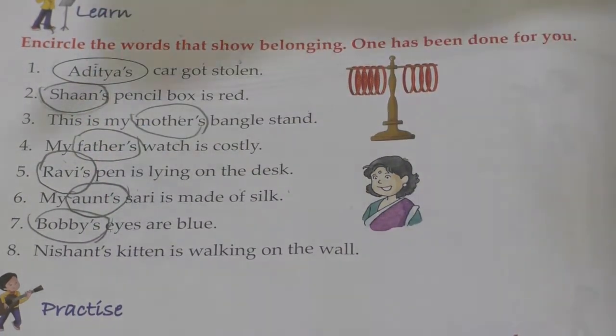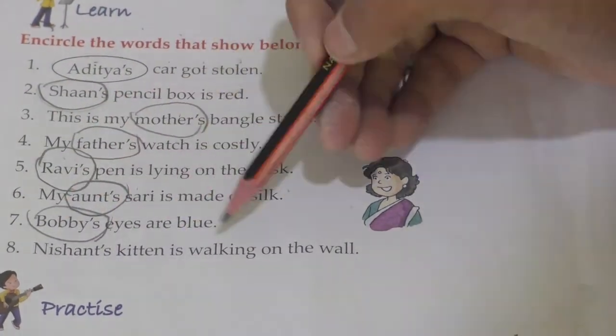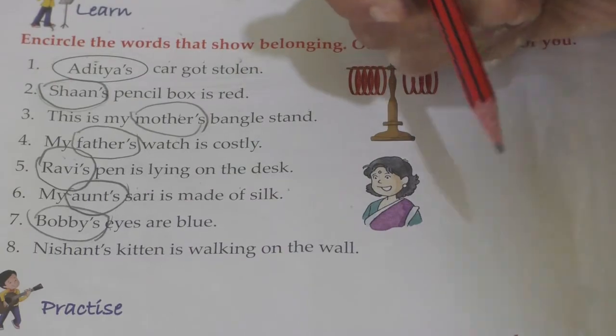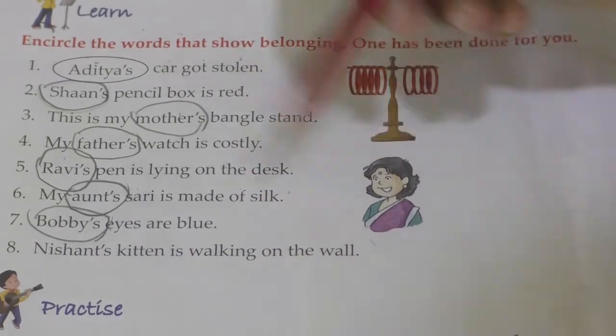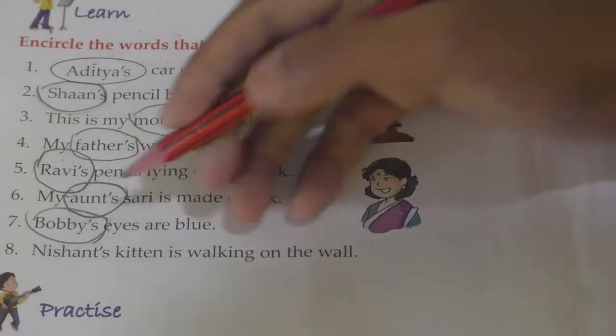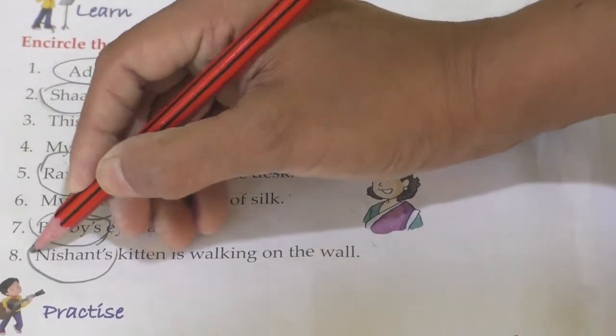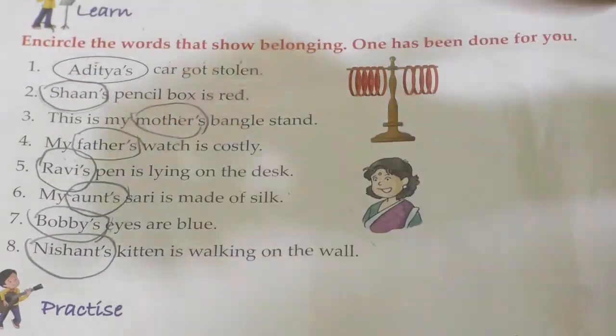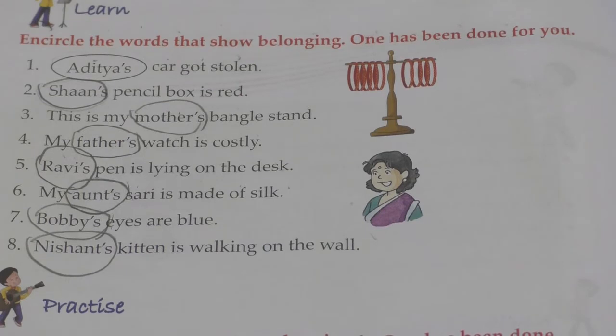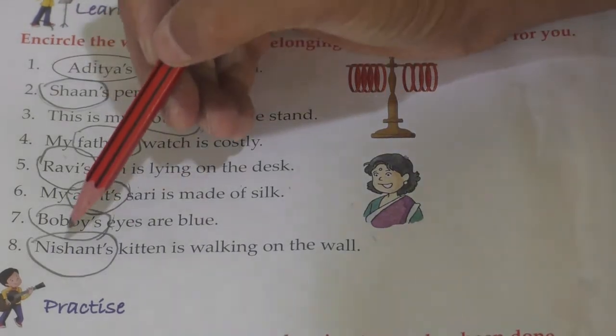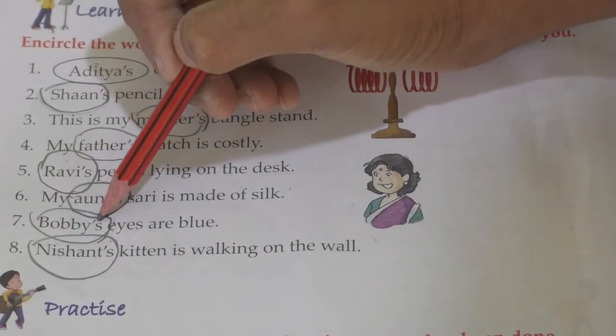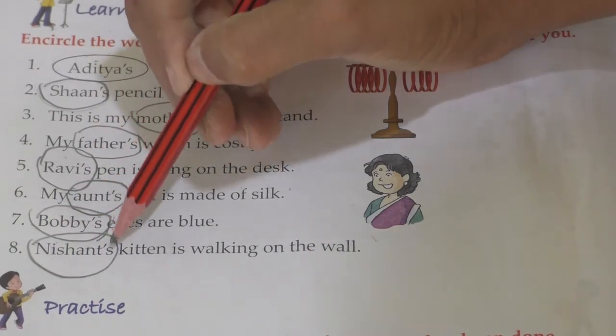Yes, we can circle it. Nishant's kitten is walking on the wall. The kitten that is walking on the wall belongs to Nishant. So, Nishant plus apostrophe S. Bear in mind, apostrophe S indicates ownership or possession of something. Apostrophe S is always used with a noun. Noun Nishant plus apostrophe S.